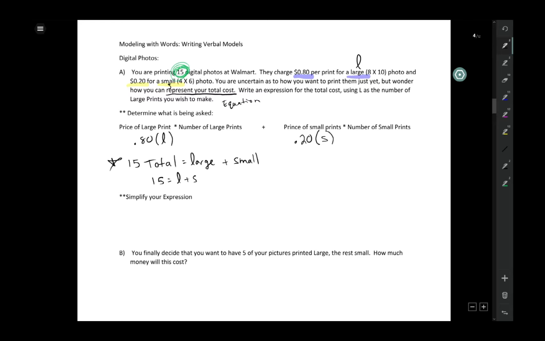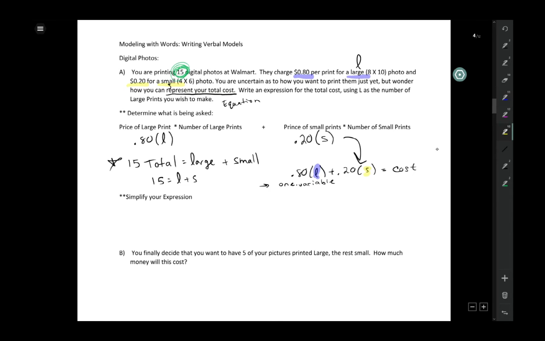Okay, if I want to get this equation, so right now we have 0.80 L plus 0.20 S equals the cost. If I want one variable, that means I'm going to have to change either my L or my S.